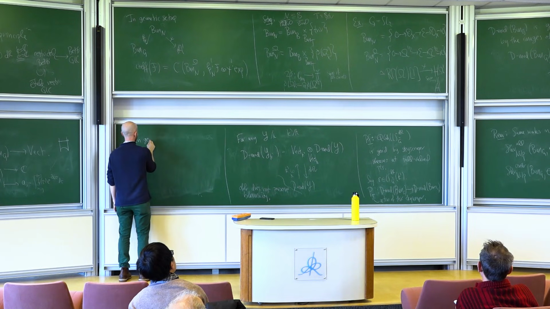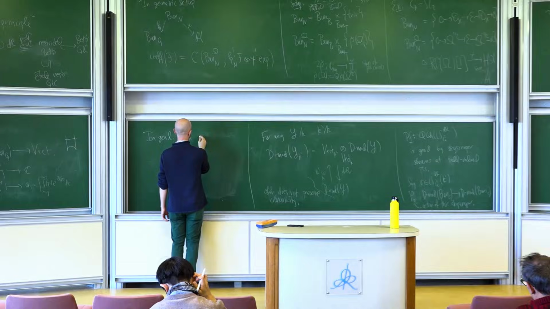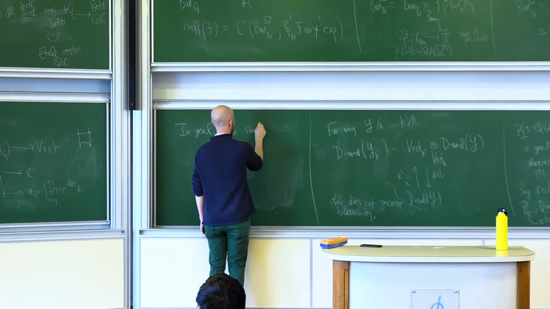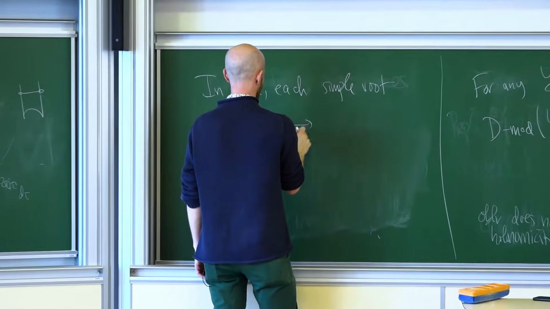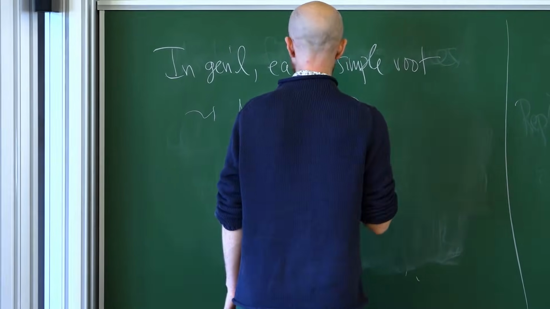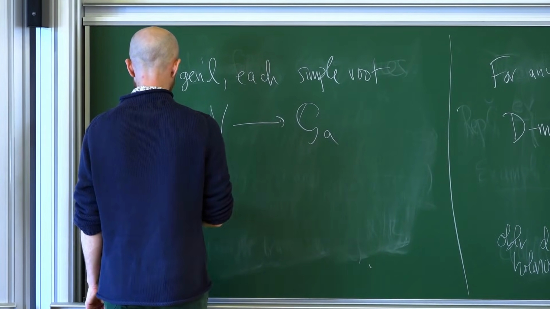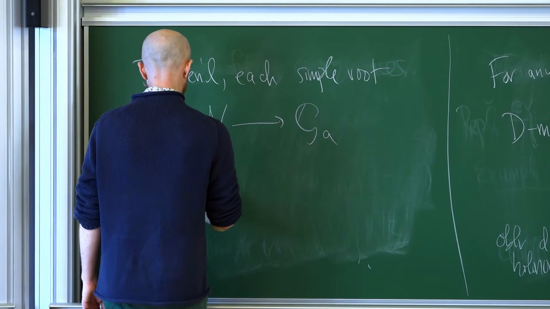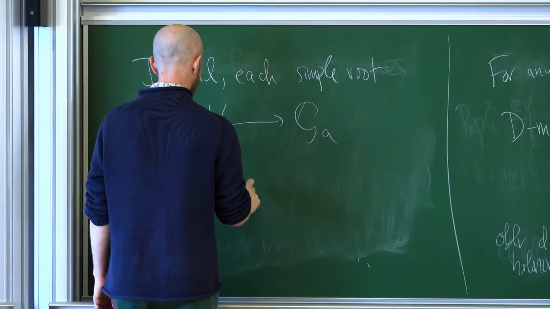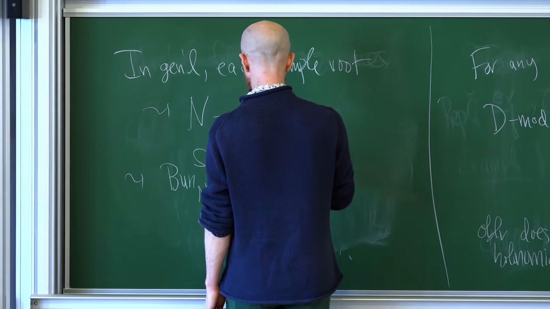So in general, each simple root, each node of the Dynkin diagram, gives rise to a map from N to GA, and therefore to a map from this Bun N with the omega twist to Bun GA with some twist.